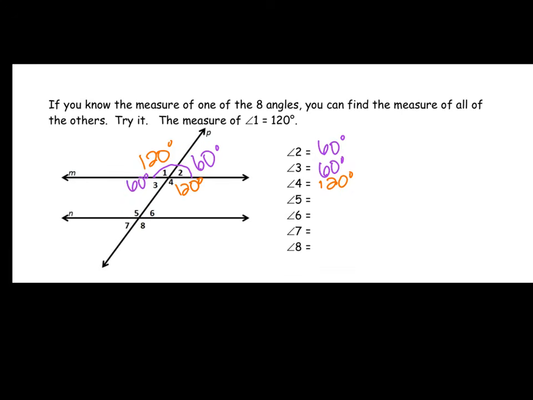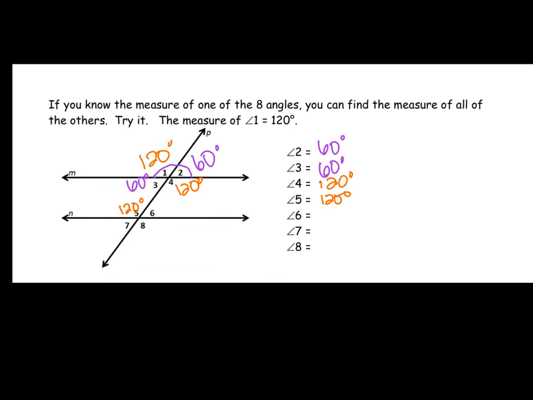All right, angle 5 is corresponding to angle 1. Remember, corresponding means same side, same location. So angle 5 would also be 120.